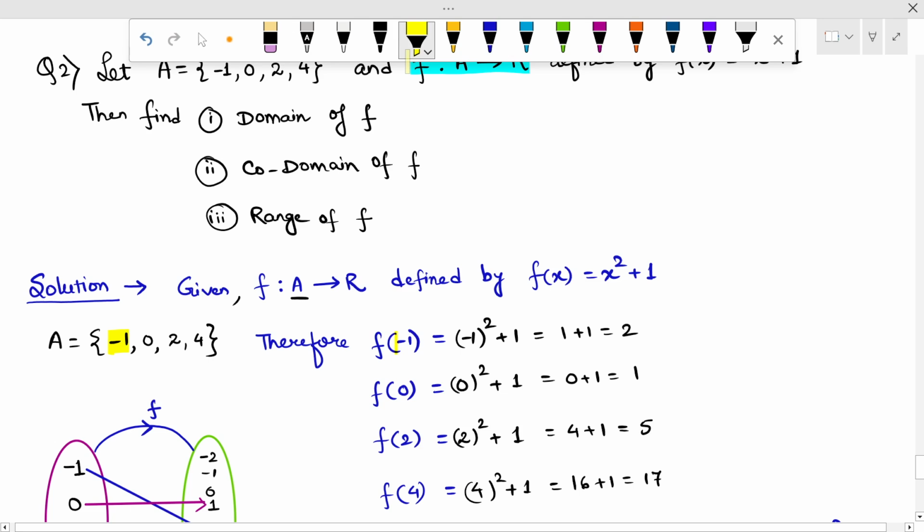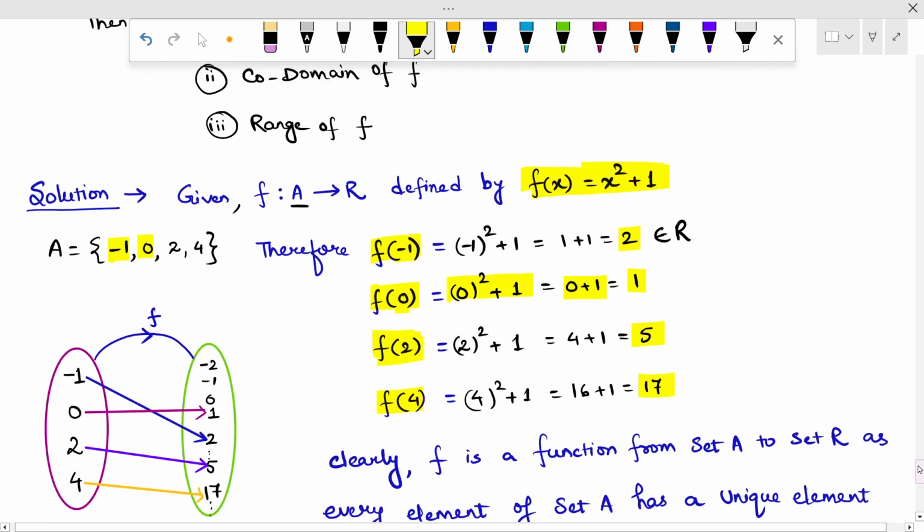So f of -1 is 2, and this 2 belongs to the set of real numbers, right? As 2 is a real number. Then we take x as 0 from this set A. Then we put it in this equation, f(x) equals x square plus 1. 0 square plus 1 gives 0 plus 1, which is 1, right? Next, f of 2 gives us 5, and then f of 4 gives us 17.